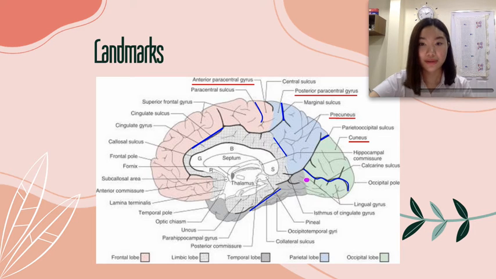Okay, so I'm sorry, but the calcarine sulcus, this one, separates the lingual gyrus ventrally from the cuneus and precuneus dorsally. And the collateral sulcus separates the lingual gyrus from the fusiform gyrus. And this is the uncus and parahippocampal gyrus.